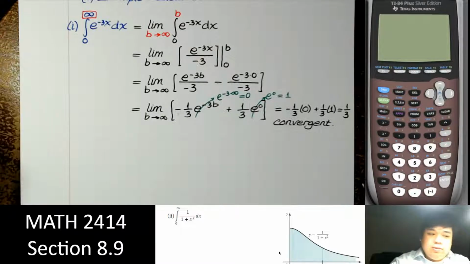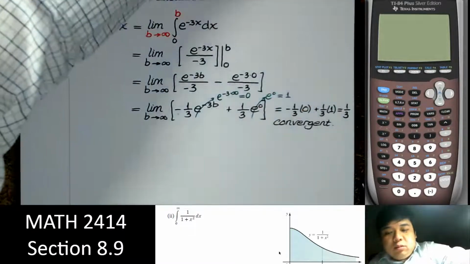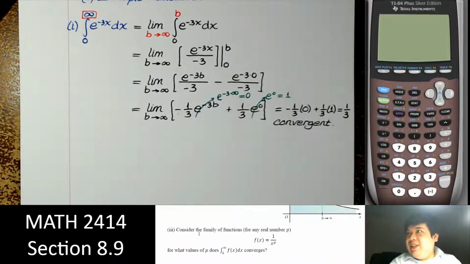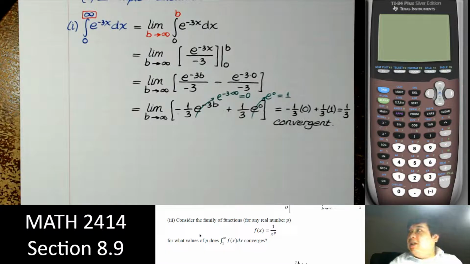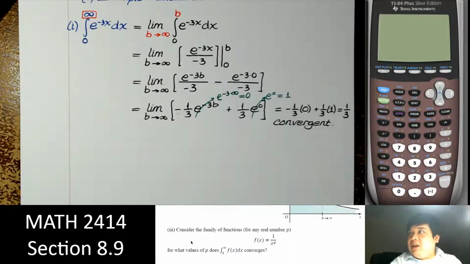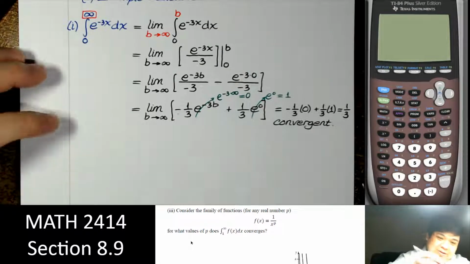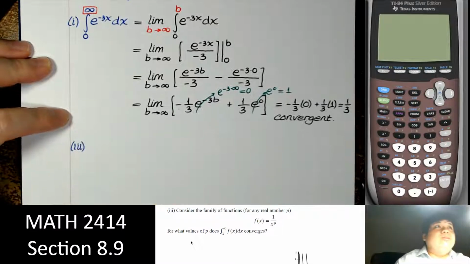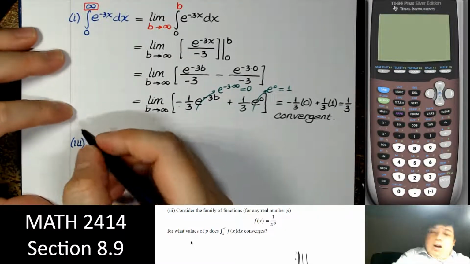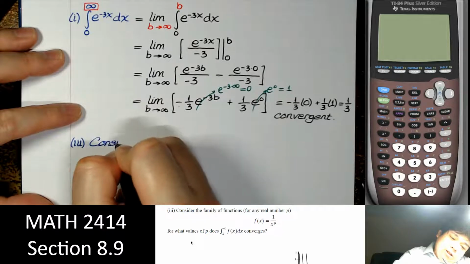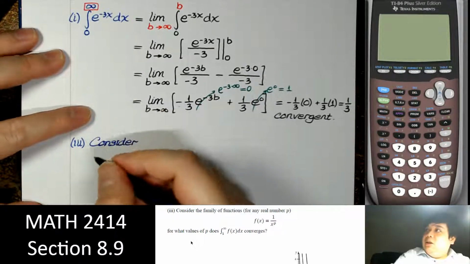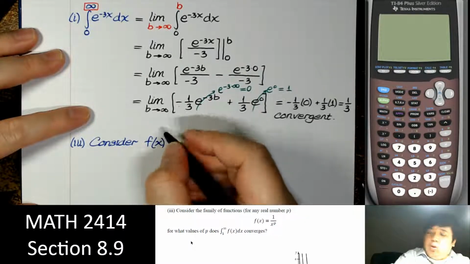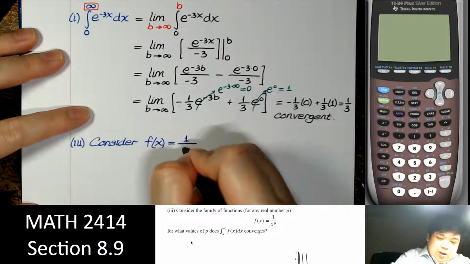Try another one. By the way, I'm going to skip this one, and we'll do that later. Consider f of x equal to 1 over x to the p power.